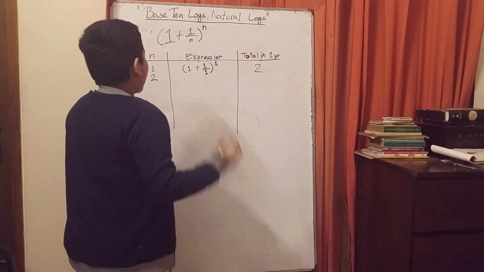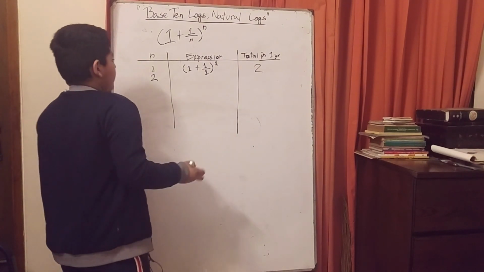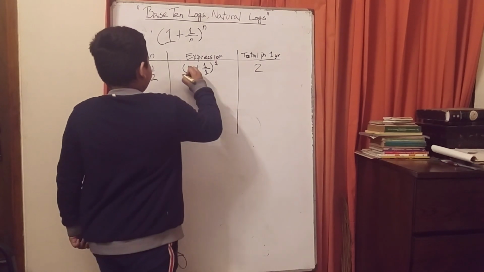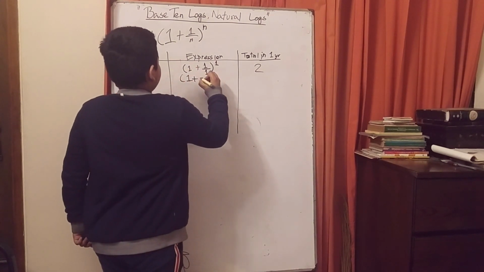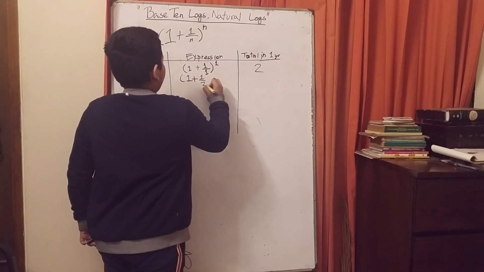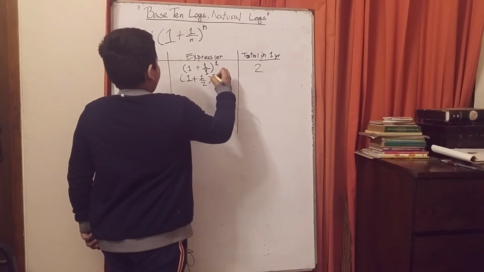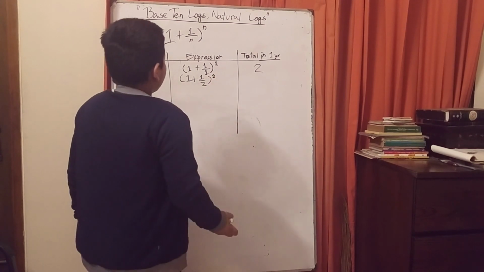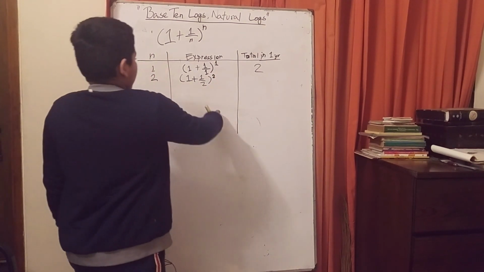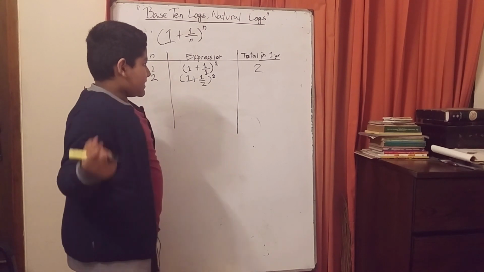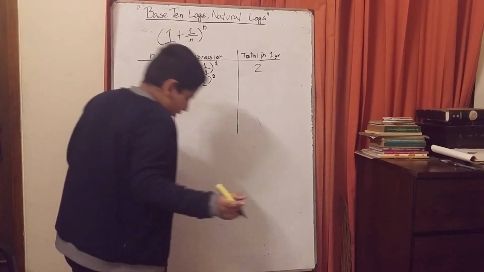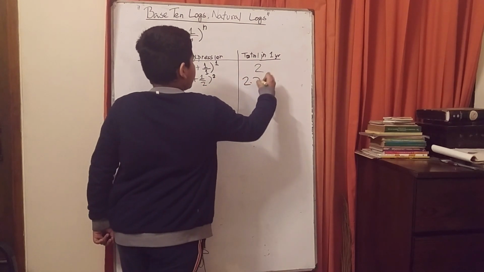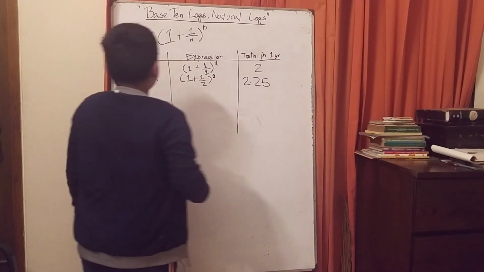Now if you say half a year, you get $2. Then we get 1 plus 1 over 2, all to the power of 2. So here it will be 1.5, so 1.5 times 1.5 in the calculator will give 2.25.